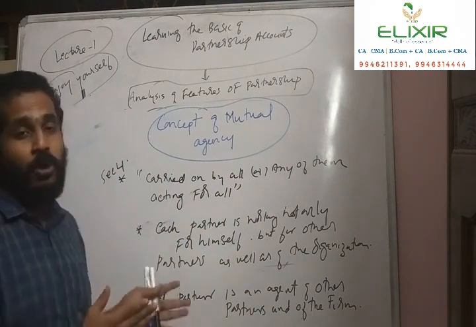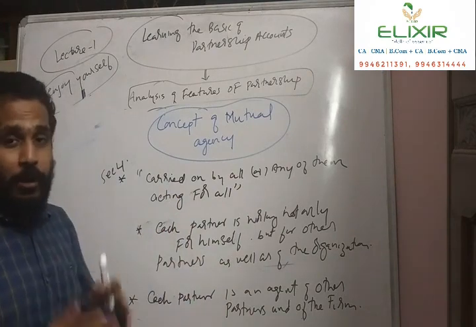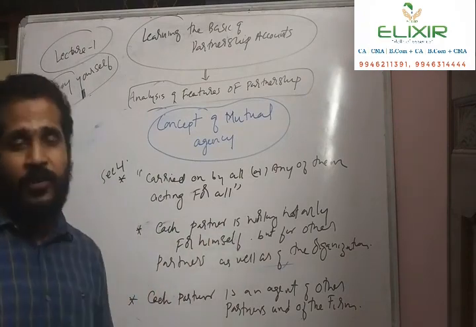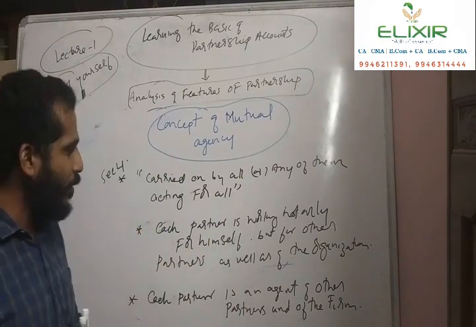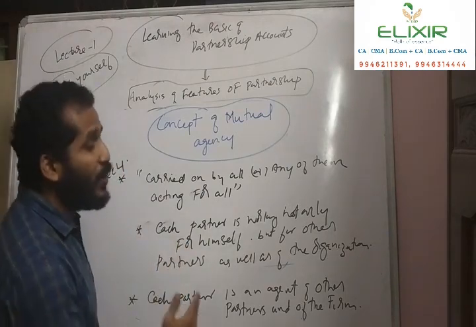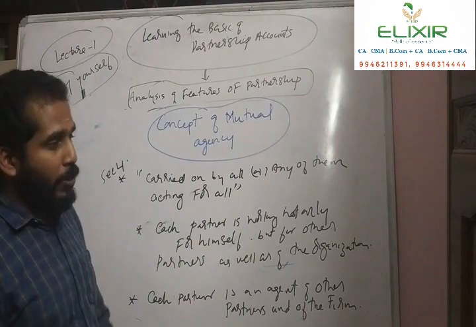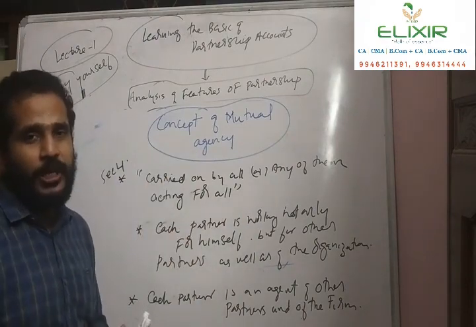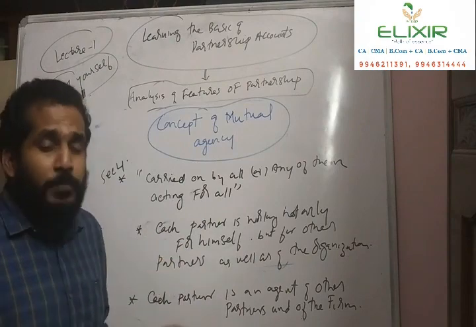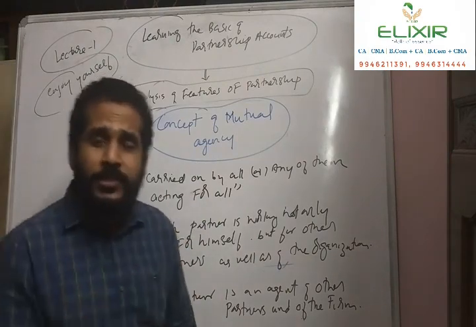This is the concept of mutual agency. I already explained it. Each partner is working not only for himself, not only for his own benefit, but for the other partners as well as the organization. Because the success of the organization ultimately leads to the success of partners. Each partner has the right to contribute to the business.